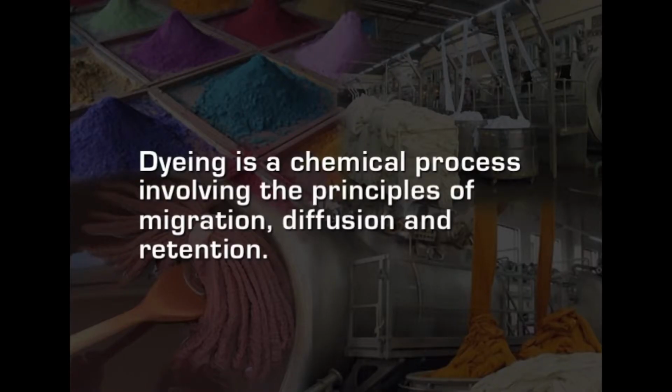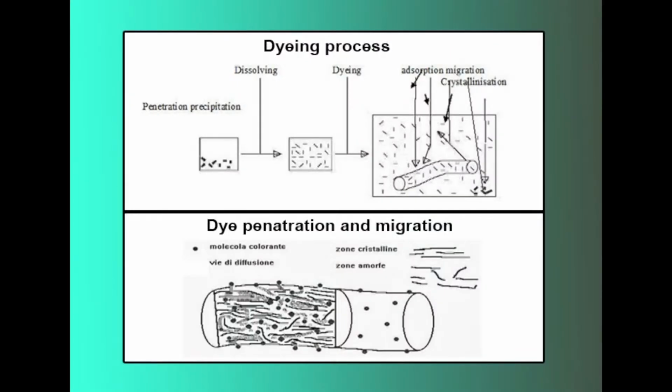Dyeing is a chemical process involving the principles of migration, diffusion and retention. First, the dye must migrate from the dye bath onto the fiber surface and be absorbed on the surface of the fiber. Then the dye must diffuse from the fiber surface into the center of the fiber.